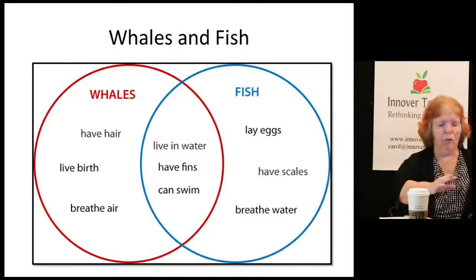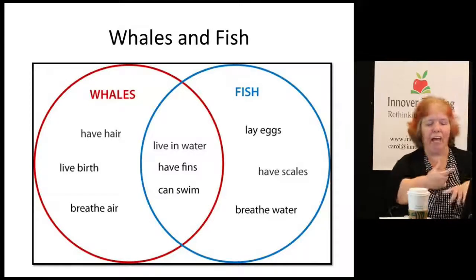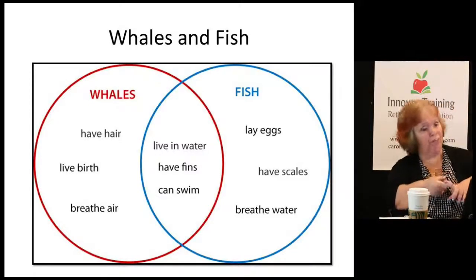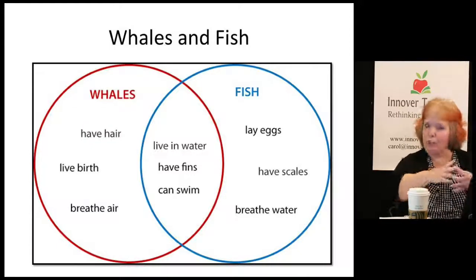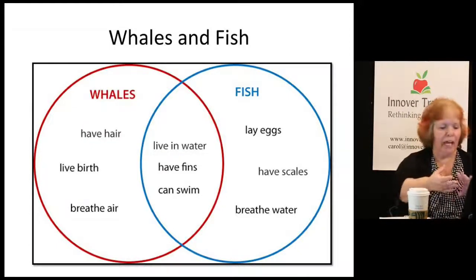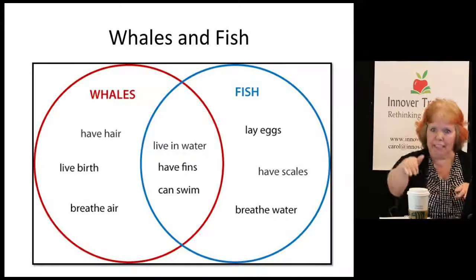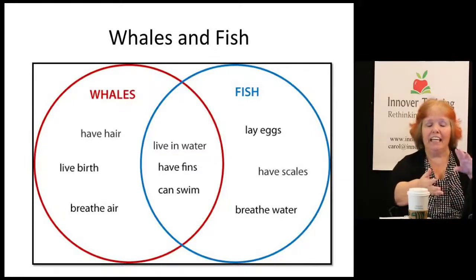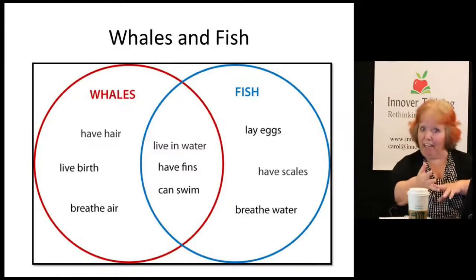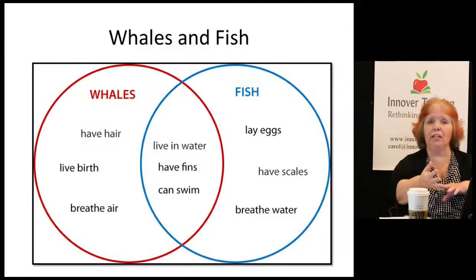So, under whales on the left, they have hair. We know fish don't have hair. They give live birth, so in other words, the baby whale just comes right out. And they breathe air. Even though they stay down a long time, they actually have to come up to get air. Whereas fish lay eggs, they have scales instead of hair, and they breathe water.